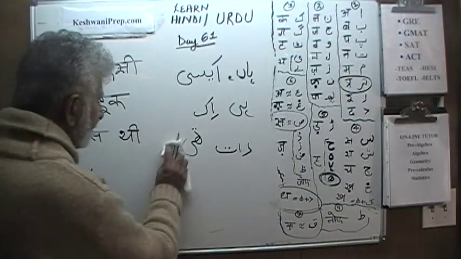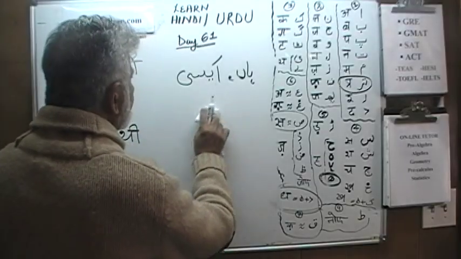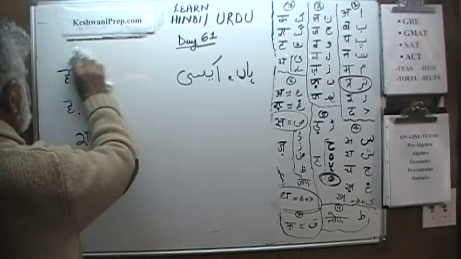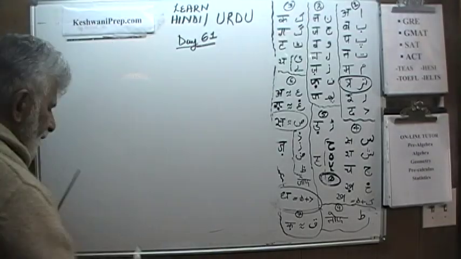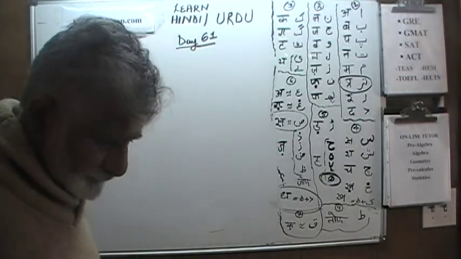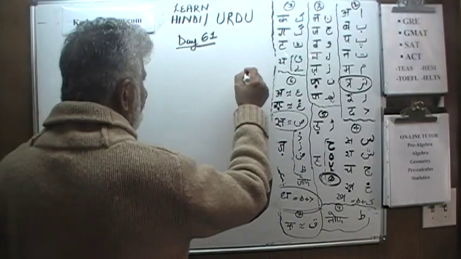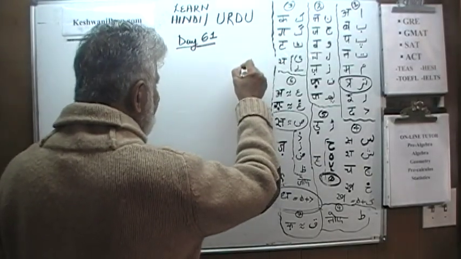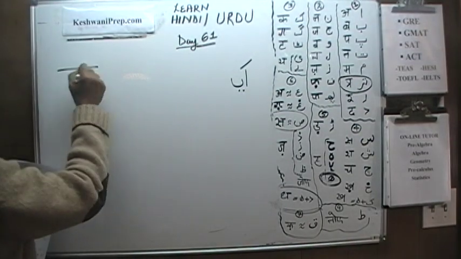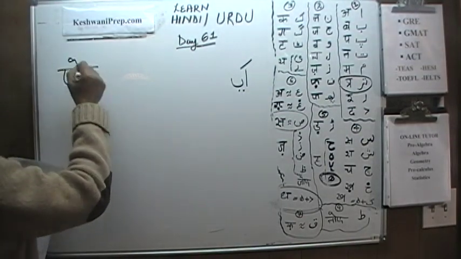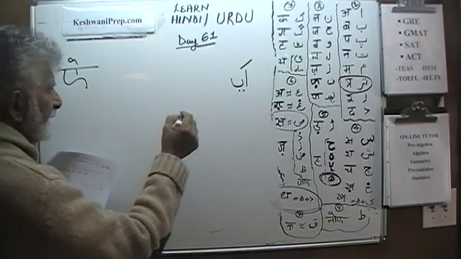Let's do the next line. Now instead of AC, we'll have Asa. So, alif with a zabar and a ye, that gives us A. Badi A ki matra, the zabar is going to give us the badi ki matra, and then we need a sa.